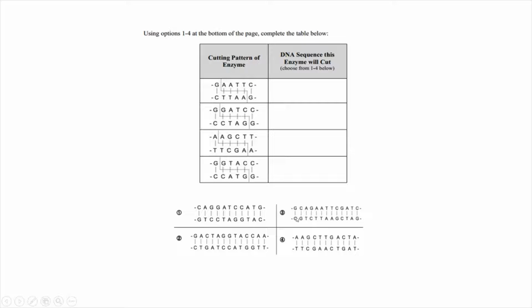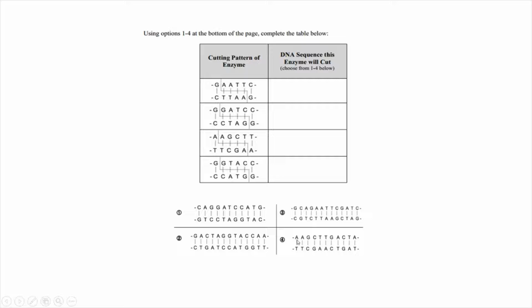Well, we've got number 3 here. If you read it, we've got double A, double T. Anyone that is recognizing that one? GAATTC. So number 3 is the one that is recognized by this enzyme.